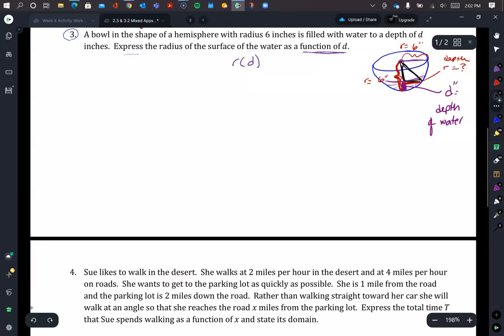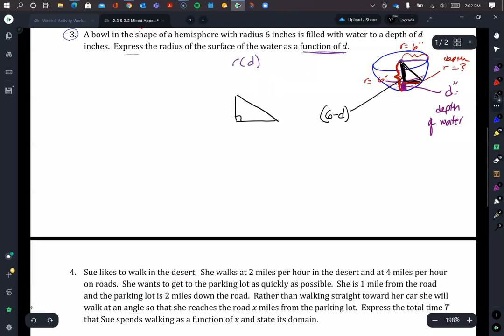This height would be 6 inches, the whole piece, minus d, wherever the water starts. So I could label it as 6 minus d. And this other piece I've already labeled as r. So I'm going to draw a little triangle out and set it aside.